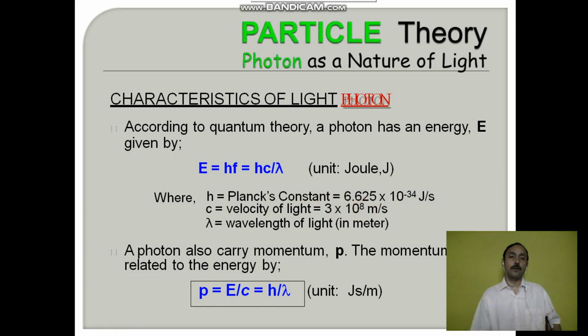Lambda is the wavelength of light. A photon also carries momentum, and it is represented by P. The momentum is related to the energy by P is equal to E by c is equal to h by lambda.